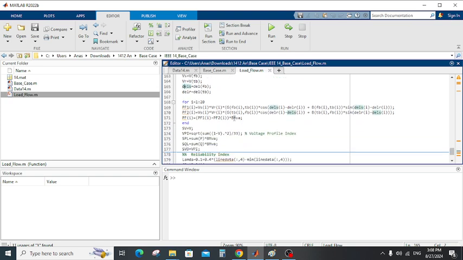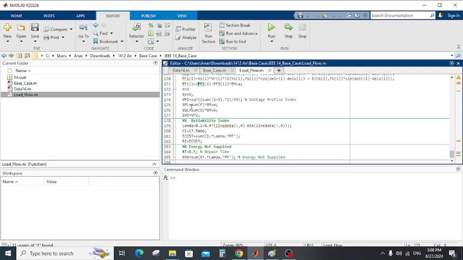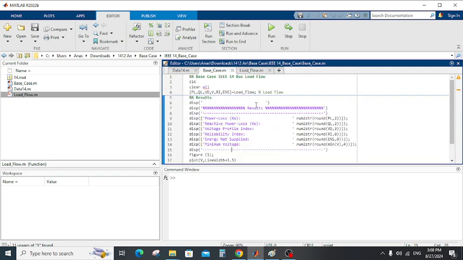We can calculate the power flow in each line, and also the power losses, the reactive power loss, and the voltage profile index. And after that we also calculate the reliability index and energy not supplied, which depend on your reference paper. And after that we go back to the base case code or file to print the result.